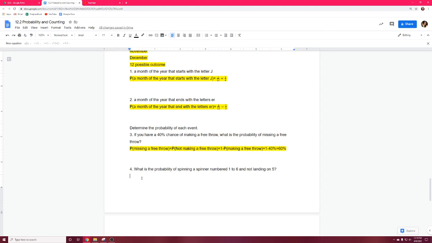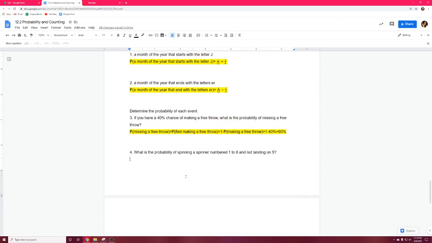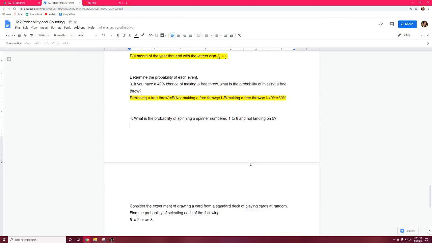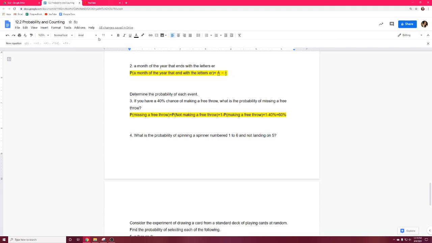Question number 4. What's the probability of spinning a spinner numbered 1 to 6 and not landing on a 5? So again, they have "not" in the question, so you need to think about what is the opposite of not. The probability of not landing on 5 is 1 minus the probability of landing on 5.